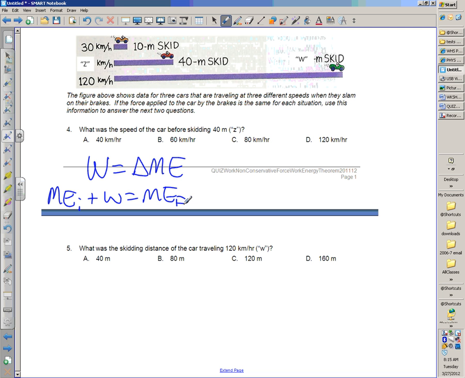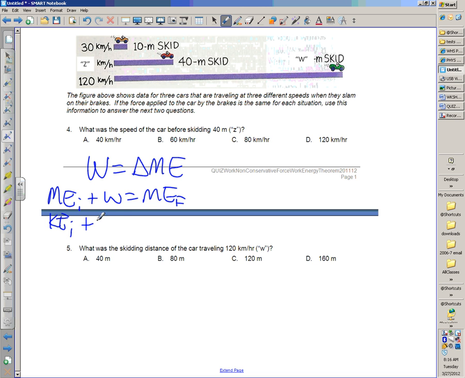If we look at this situation specifically, regardless of what the actual speed was at the beginning, what kind of energy would these cars have at the beginning? Kinetic, because they're moving. If we call the ground the reference point, we can pretty much get rid of the potential energy, because they're at the reference point. There's nothing stretched or compressed, so no elastic. So these cars are going to start off with kinetic energy.